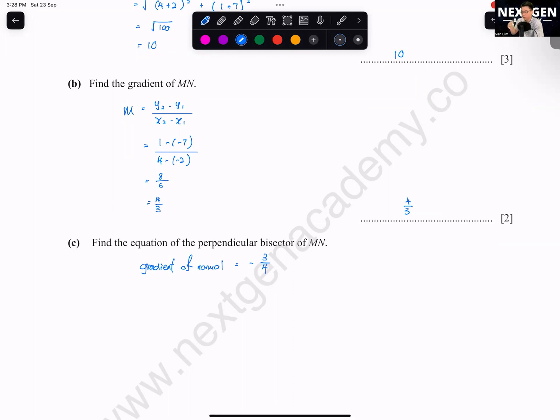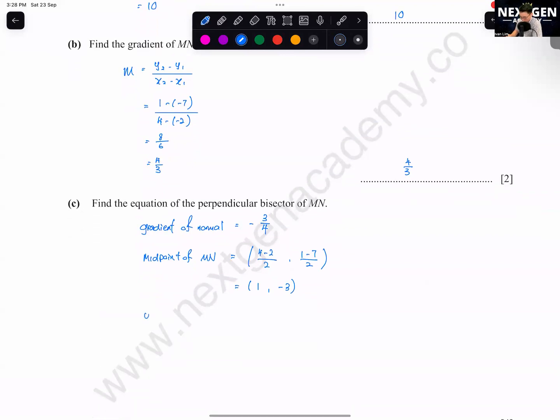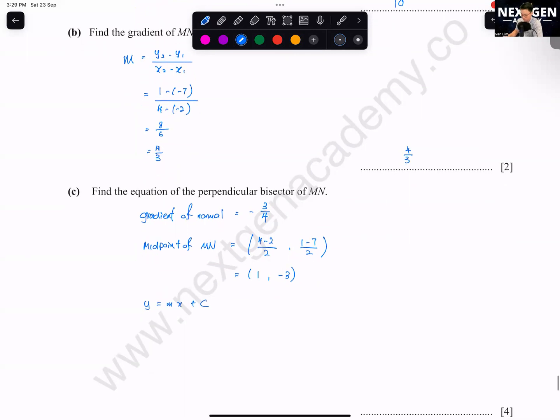So here you just get -3 over 4. Then you find the midpoint of MN, which is 4 minus 2 over 2, 1 minus 7 over 2. Okay, so here will be 1 and -3. Okay, then we fit into y equals mx plus c to find the c value.